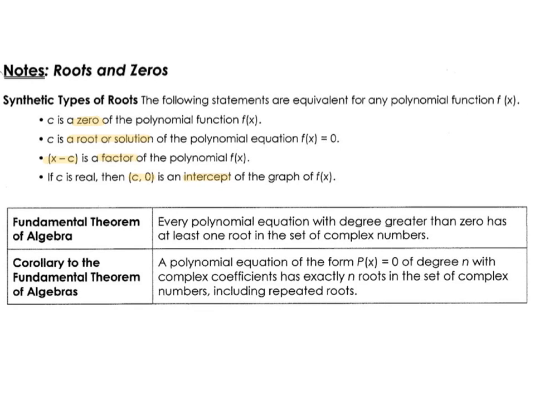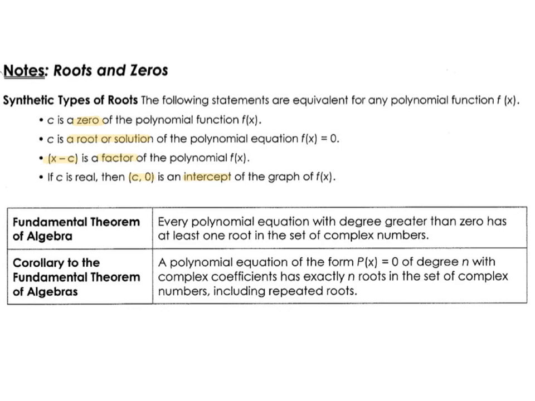These are all just different names for the same thing, and there are different forms it can come in. C could be a zero, a root or solution of the polynomial equation, a factor, or an intercept of the graph. It's all the places where your graph crosses the x-axis. Those are all roots or solutions to our polynomial functions.